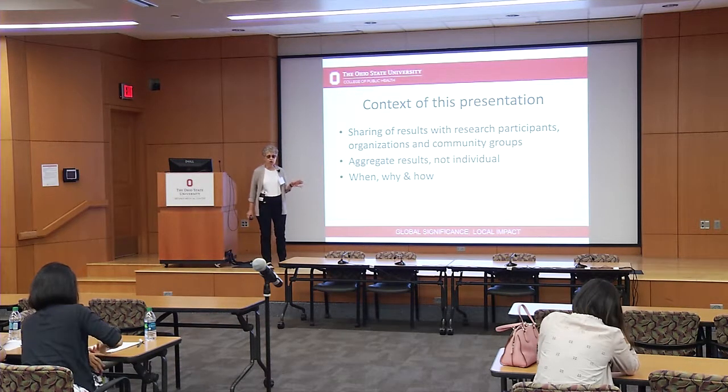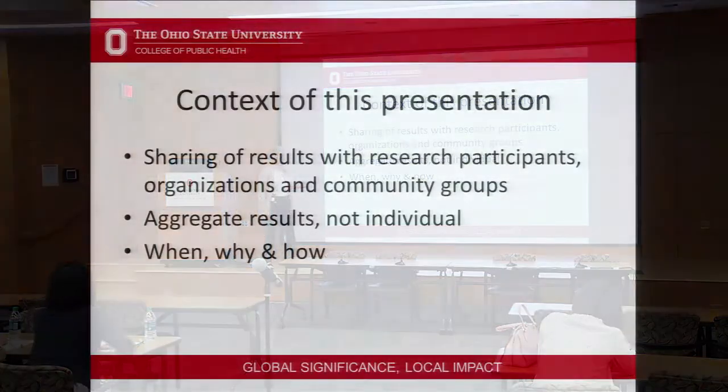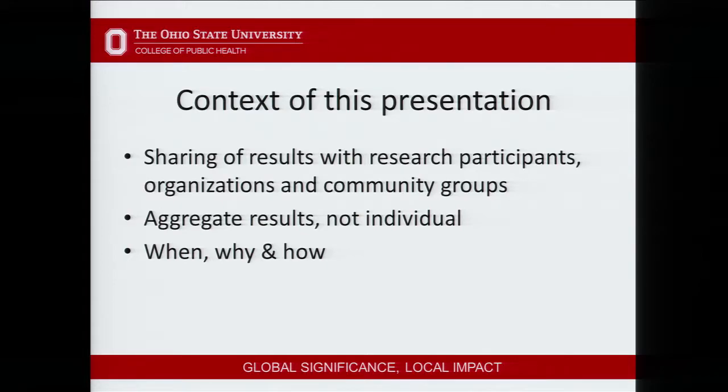So I will be talking about sharing with participants, organizations, and community groups, obviously talking about the sharing of aggregate results. I'm not talking about any individual who gets feedback about their own health status. I'm talking about study results, and I will be talking about when and how to do this.